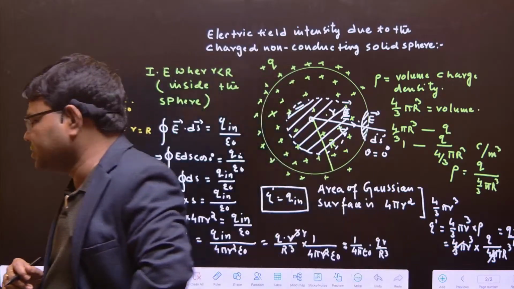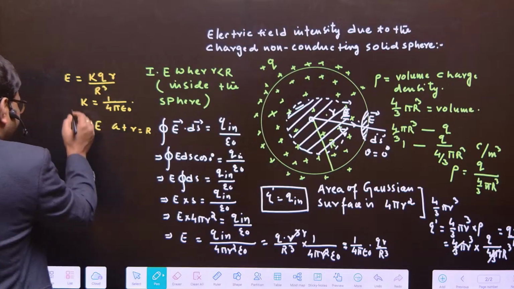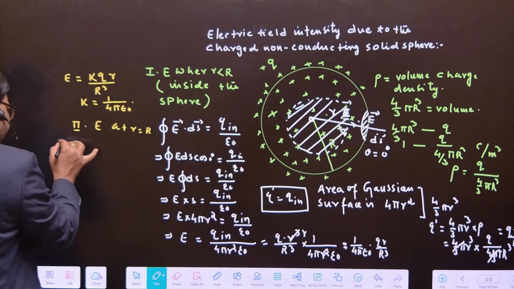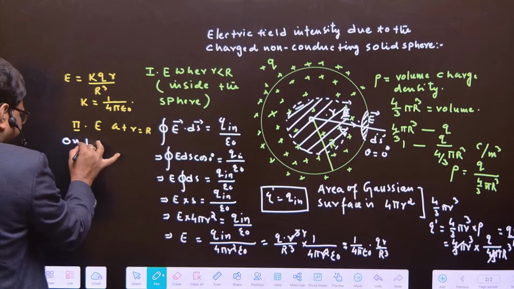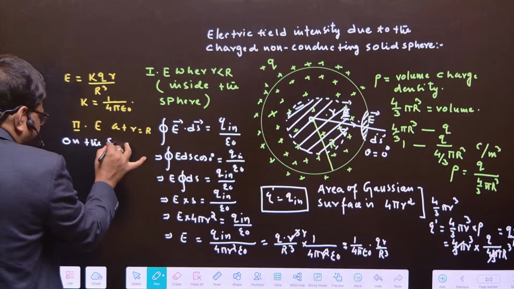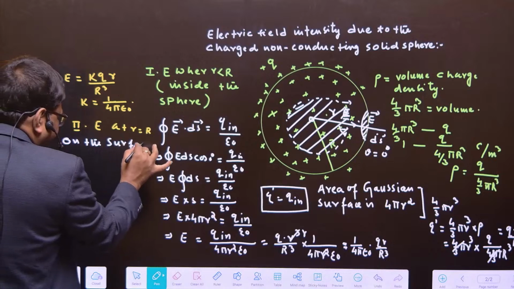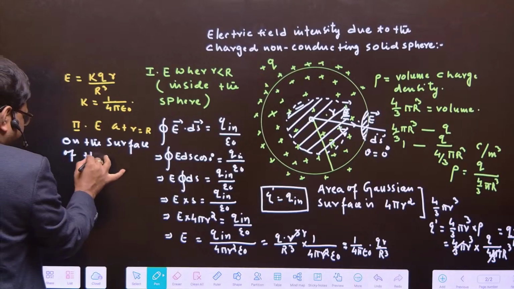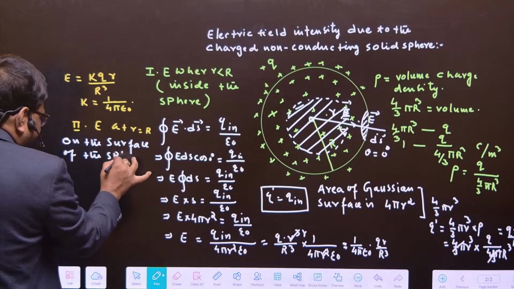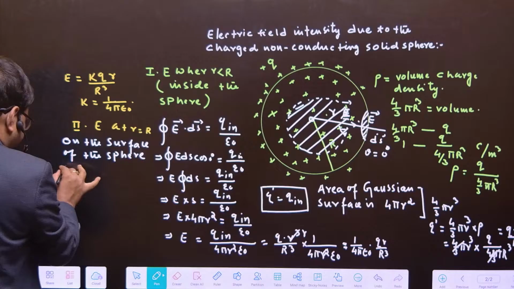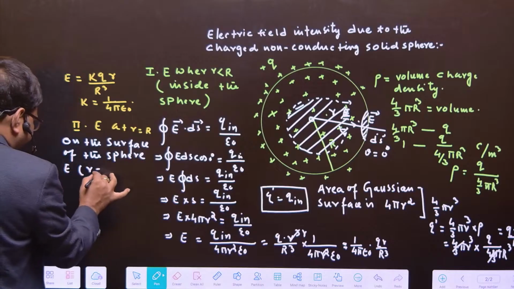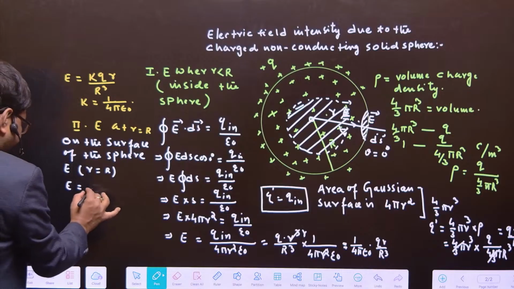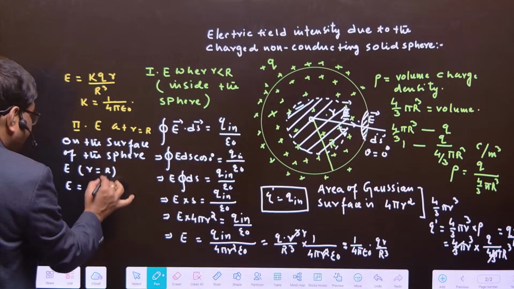Now similarly we can write the electric field intensity on the surface of the sphere. Electric field E, just put the value r is equal to R. The electric field equation is E is equal to KQr over R cube.